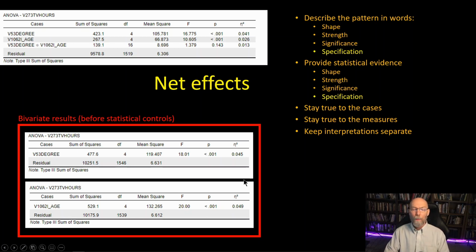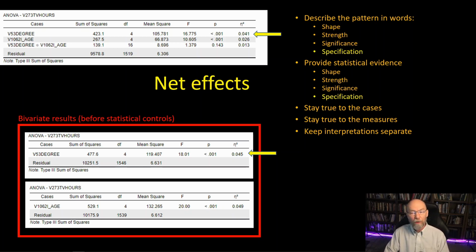Okay, so let's start by looking at the numbers for degree. In the bivariate analysis, we found that there was a weak effect. 4.5% of the variation in television watching was predicted by degree. And it was statistically significant. The null would predict 0 for eta squared. It always predicts zero trend, zero strength.